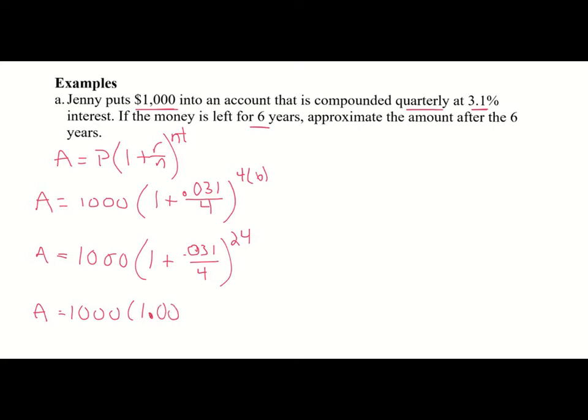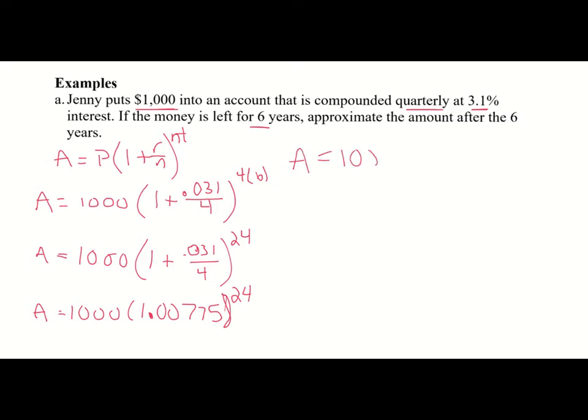And that is going to give me A is equal to 1,000 times 1.00775. And you never want to round this problem until you reach the very end. The more you round, the more your answer will be skewed. So even if you get a long, crazy decimal on your calculator, leave it until the very end.